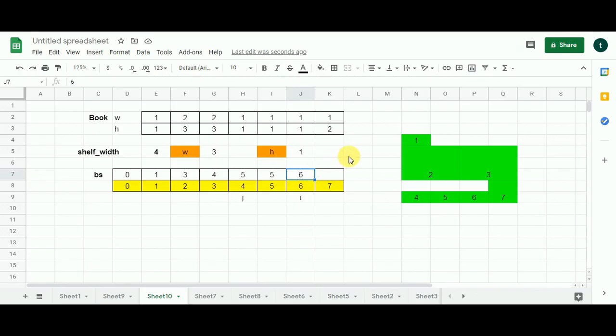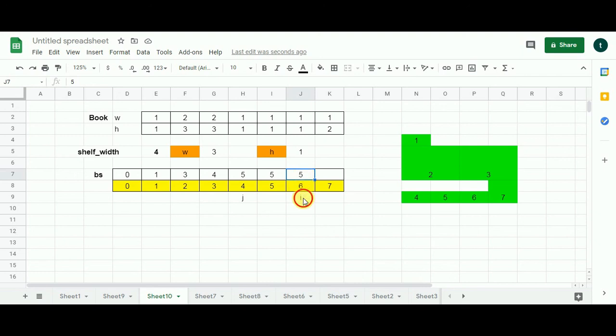So this 6 will be replaced by 5, and this gives me a scenario where book number 6 can be put with book number 5 and book number 4 in a separate shelf, and that is what is happening over here. If you eliminate book number 7, then we are going to get the height of the bookshelf as 5. This solution is going just fine.